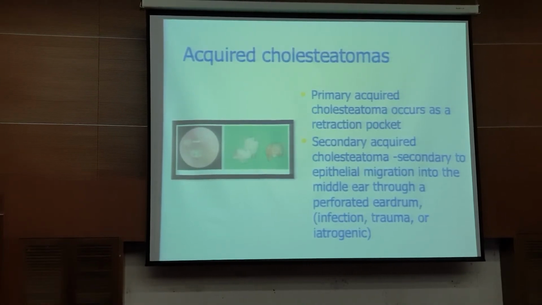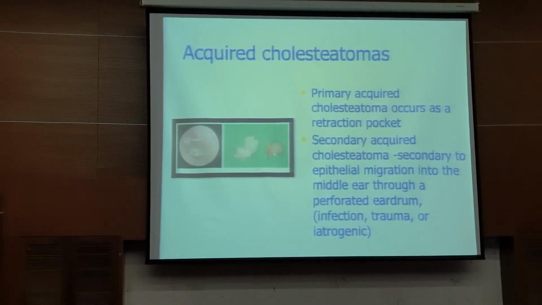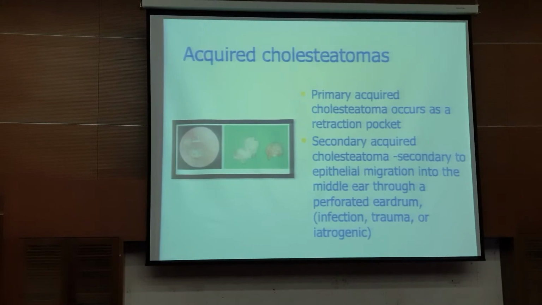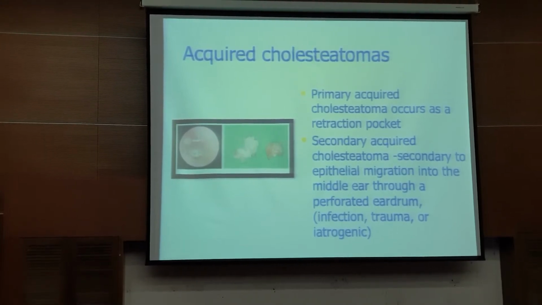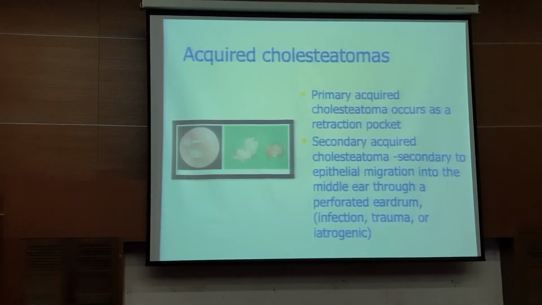So acquired cholesteatoma, we normally see the patients in the clinic, and it can be divided into primary acquired cholesteatoma or secondary acquired cholesteatoma. When you talk about primary acquired cholesteatoma, it occurs as there's a presence of retractions or CAT. I give you an example. Yesterday's patient, right? Encik Azlan.